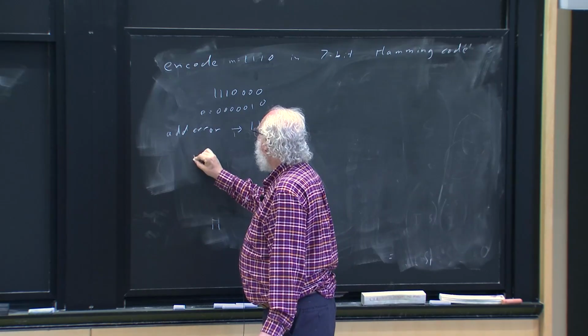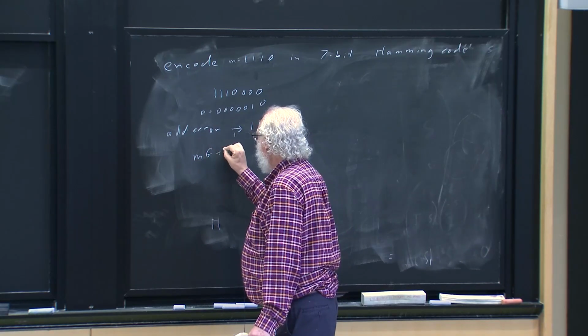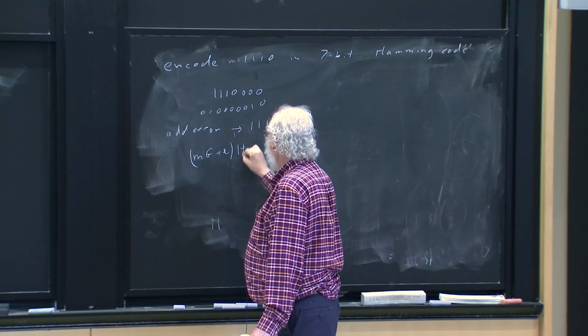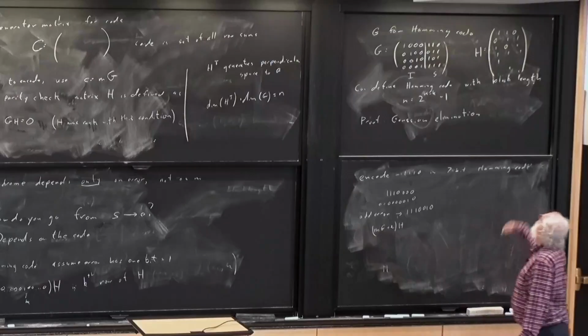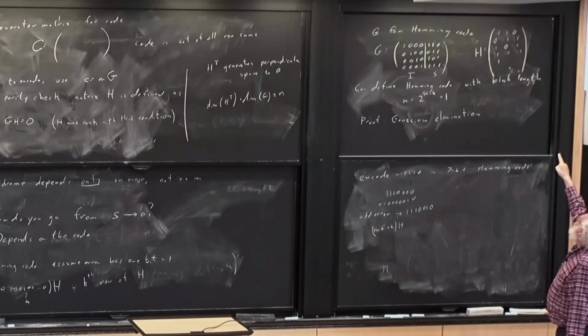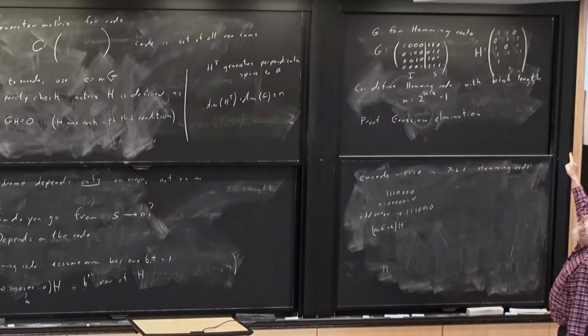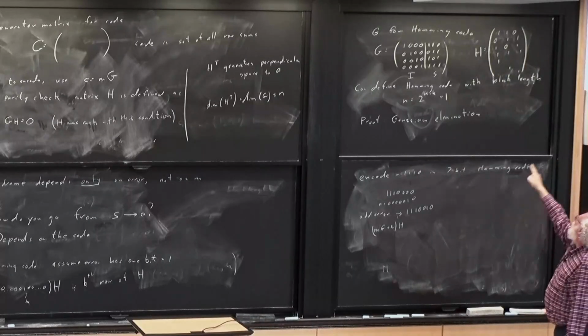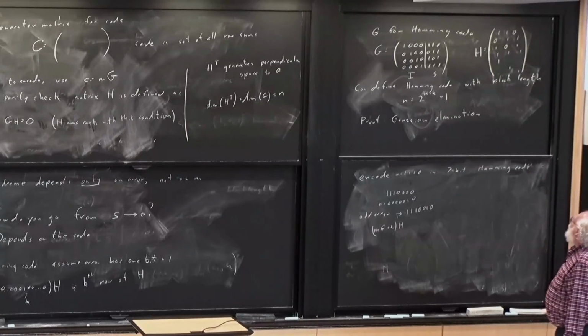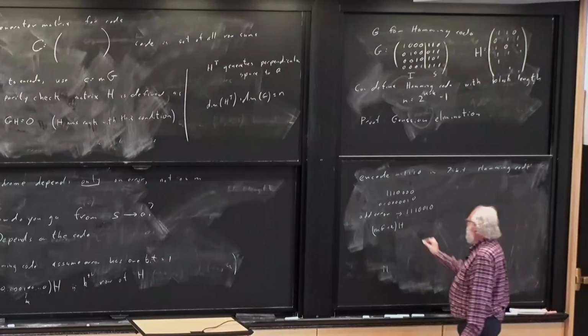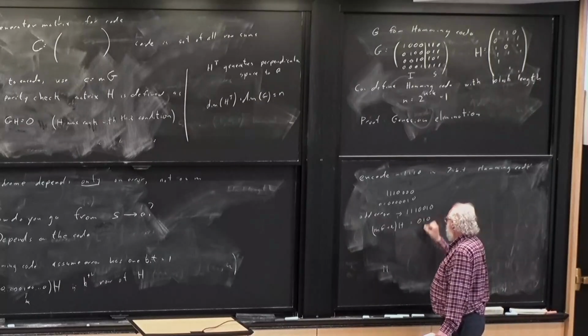So now we have mG plus E times H. That's the sum of the first 3 rows of H, and that's zeros. And then add the 6th row of H, that's 0, 1, 0, which equals 0, 1, 0.